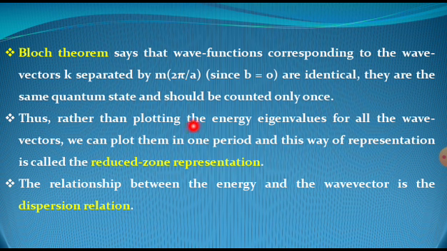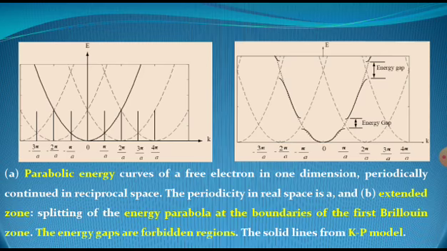Thus, rather than plotting the energy eigenvalues for all the wave vectors, we can plot them in one period, and this way of representation is called reduced zone representation, which is particularly used for lattice structures. The relationship between the energy and wave vector is the dispersion relation. So here the two figures are very important, which give brief insights of the KP model.